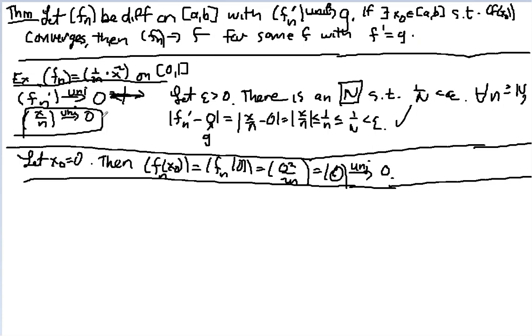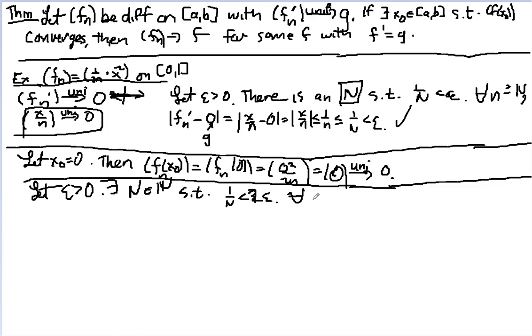Okay, but let's prove that just for fun. I could prove this directly by, let epsilon be bigger than 0, and then there exists an N belonging to the natural numbers such that 1 over N is less than 2 epsilon.